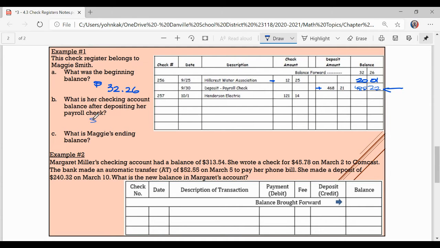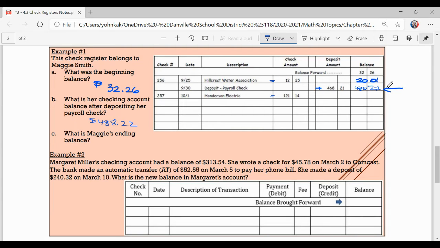What is Maggie's ending balance? Well, to find her ending balance, we have one more check. We wrote check number 257 on October 1st to Henderson Electric for $121.14. We're going to subtract that.